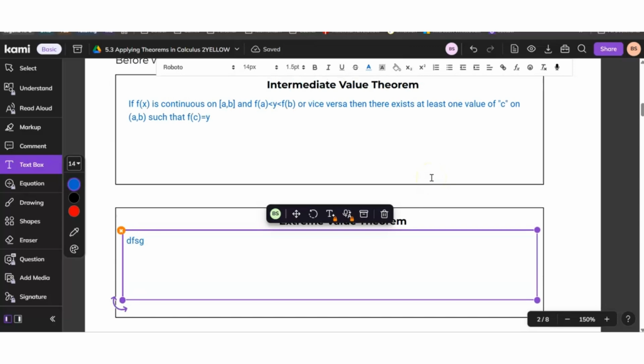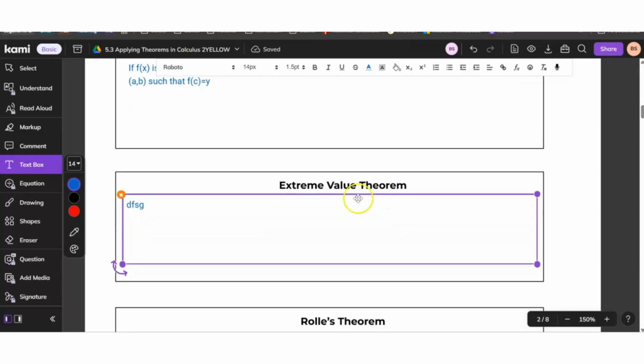All right, guys. Any questions about IVT? Are we good? We remember it. Excellent. So now we're going to do extreme value theorem.